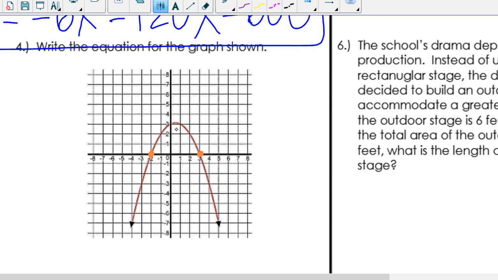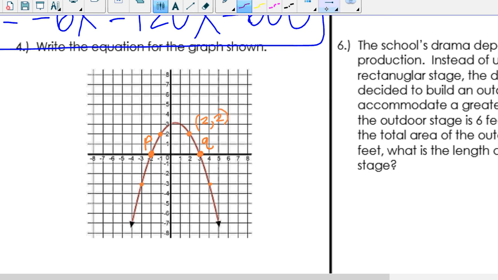So I'm going to use this as my P and this is my Q. And I'm going to use intercept form here to solve for A because what I can see is that a point like right here or right here, something like that. This is a clean point. You could pick any of these points as your x and y. I'm going to use this point up here. It's the point 2, 2.